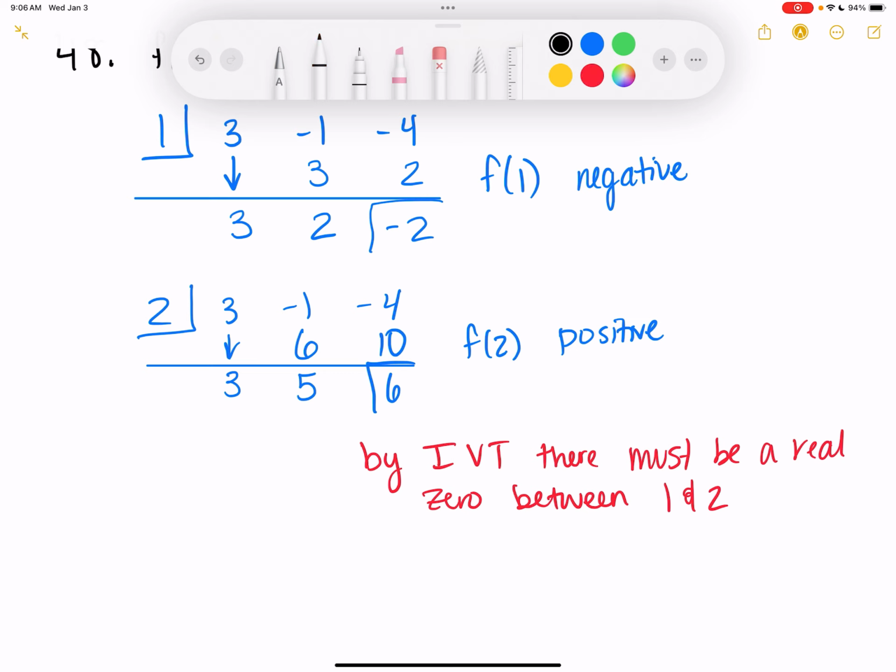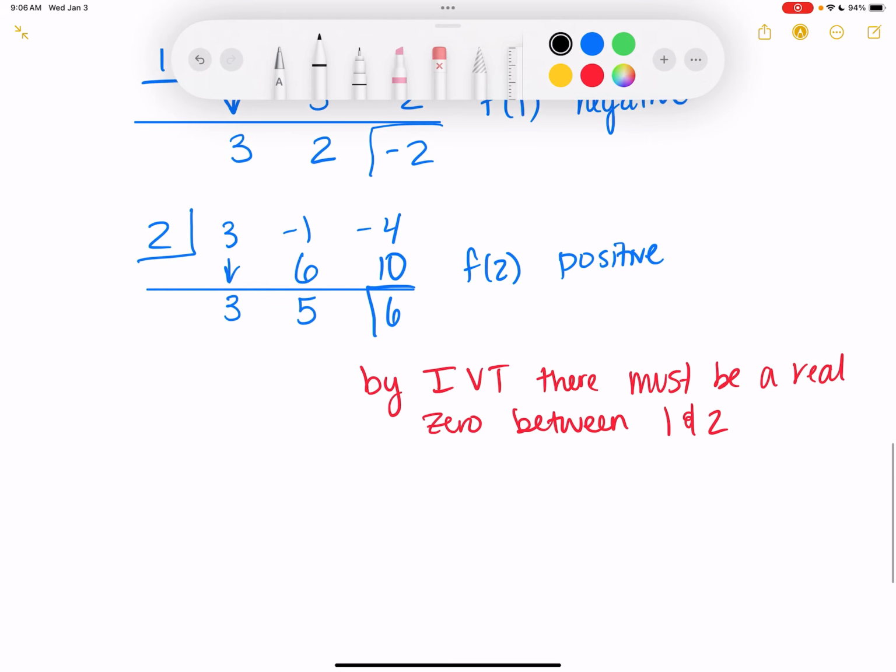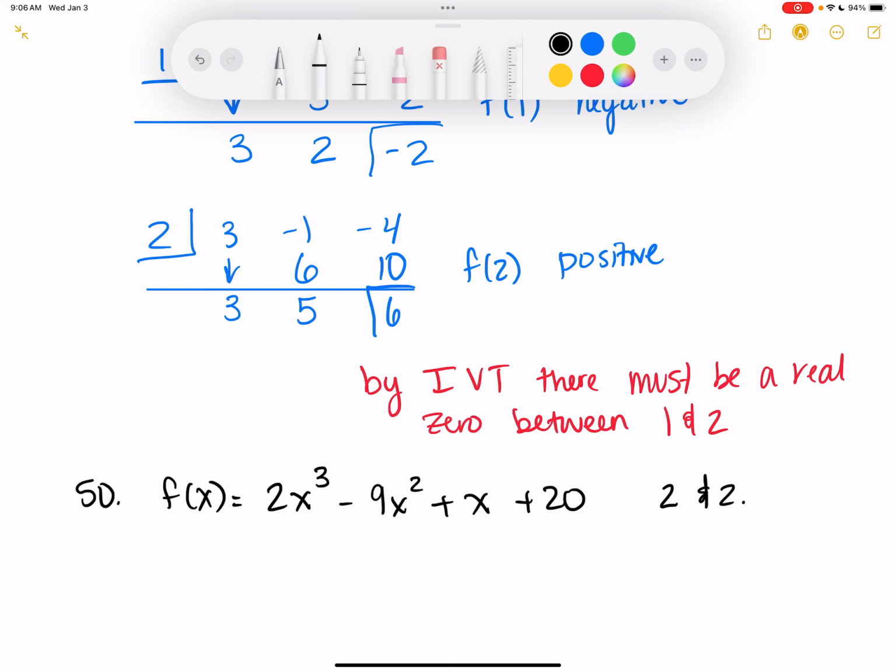Let's look at another one. Number 50. F of x is equal to 2x cubed minus 9x squared plus x plus 20. And they give us the numbers 2 and 2.5.